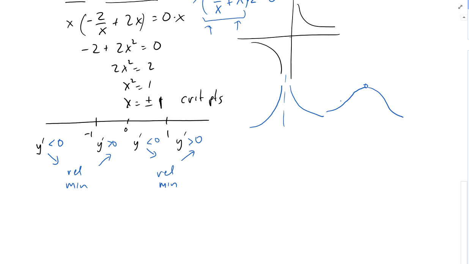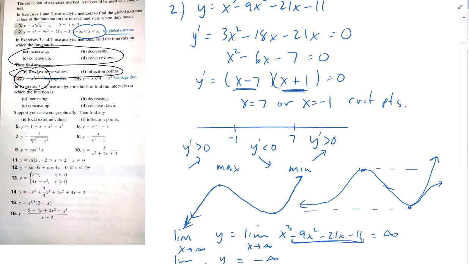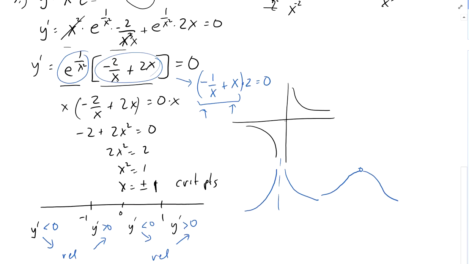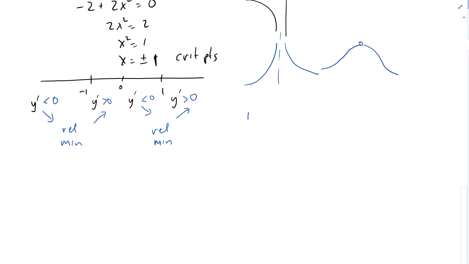Okay, so I've got the increasing, decreasing parts handled. Let's go back up to the top here and see what we're doing. Increasing, decreasing, local extrema, inflection, and so forth. So we got increasing on negative 1 to 0 and 1 to infinity, decreasing from negative infinity to negative 1 and 0 to 1.